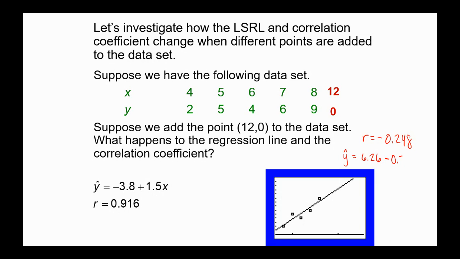Instead of plus a negative, let's just say minus 0.275x.